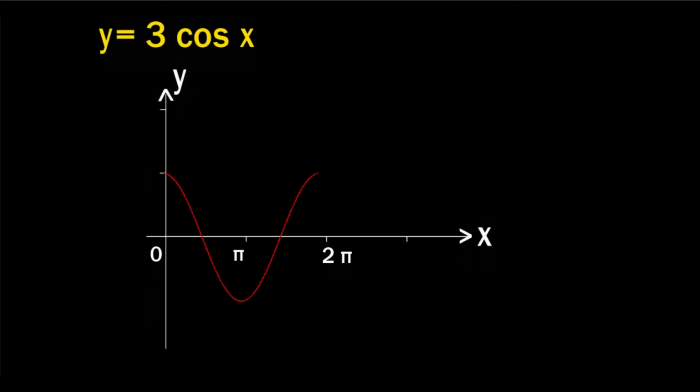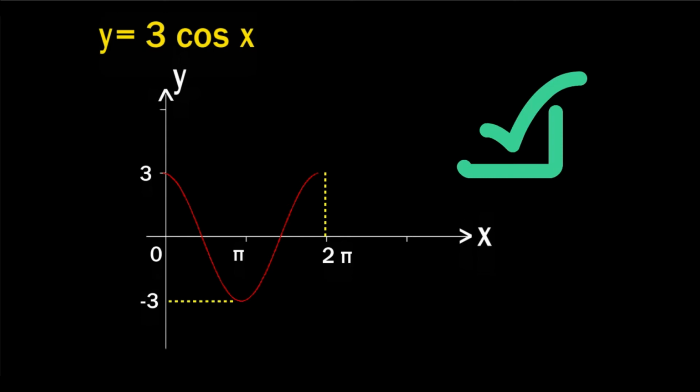The graph looks like a U, and we know that the maximum value is actually 1. Now we multiply by 3, so the maximum value of the graph is 3, and the minimum value, we know, is -1. Now multiply with 3, you will get -3. So this is how you can draw a cosine graph.